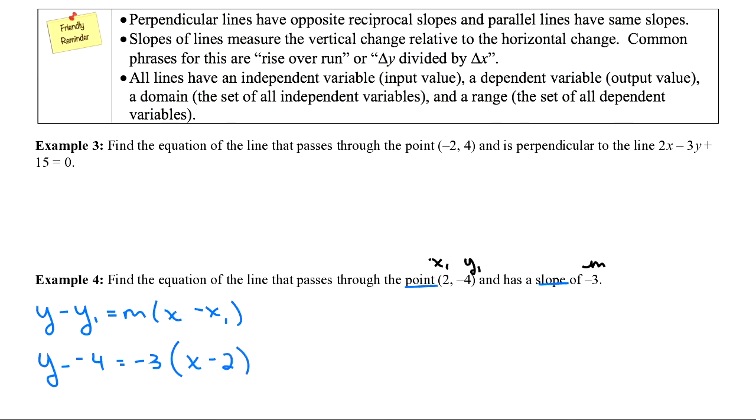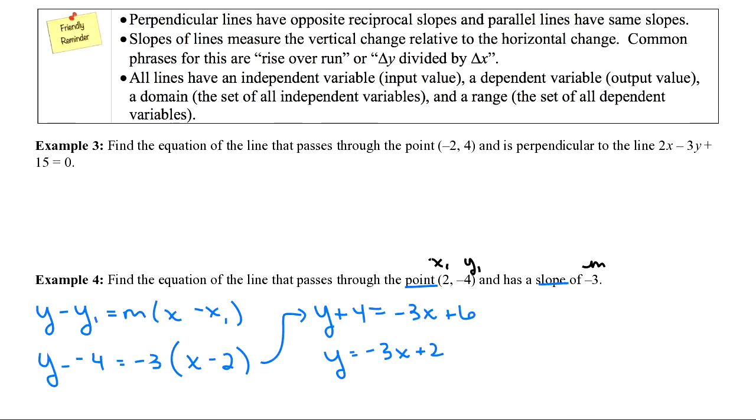All right, so cleaning this up a little bit, we're going to get y plus 4 is equal to -3x plus 6. So we are going to then get y is equal to -3x. When I subtract 4 from both sides, I get -3x plus 2. Okay, that's using point-slope.